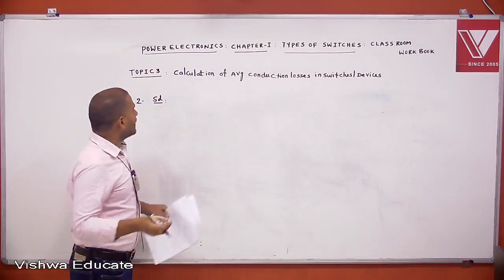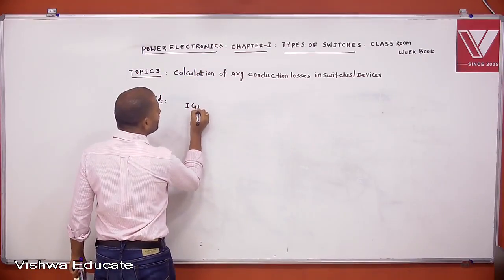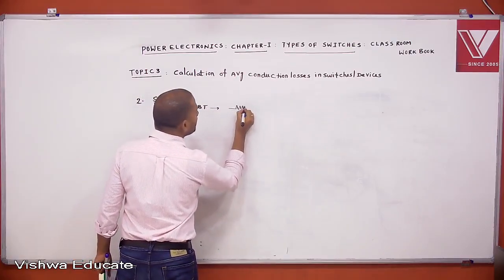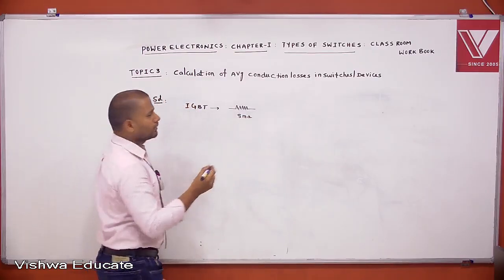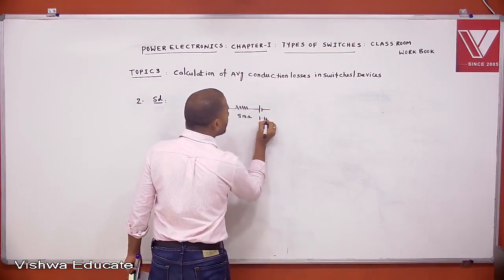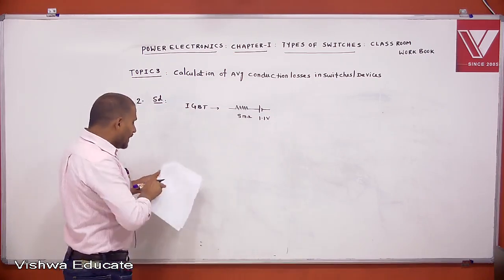This is the IGBT. This IGBT is modeled as on-state resistance of 8 milliohms and voltage drop of 1.1 volt. This modeling is given. This is the current waveform.